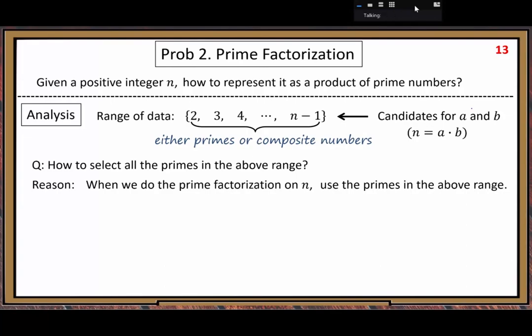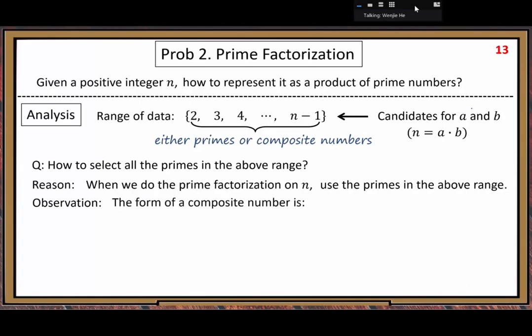At the beginning, primes and composite numbers are mixed. So we do several rounds of composite number removal, and more and more primes are exposed.